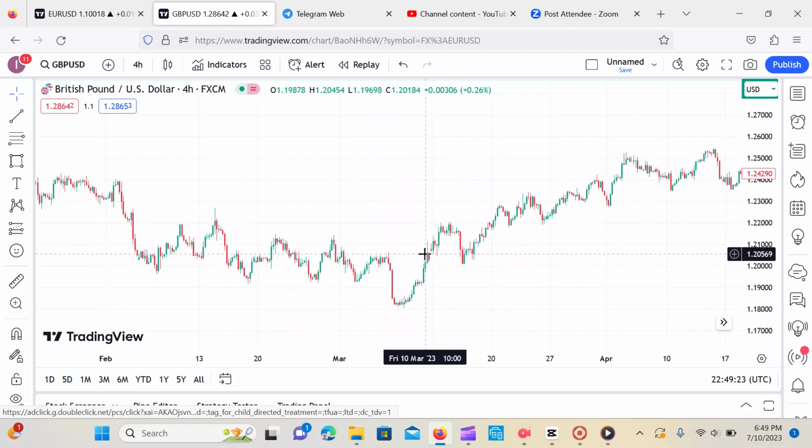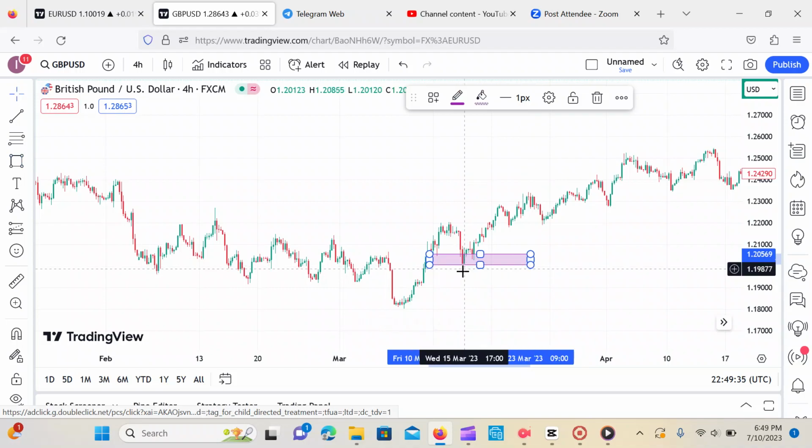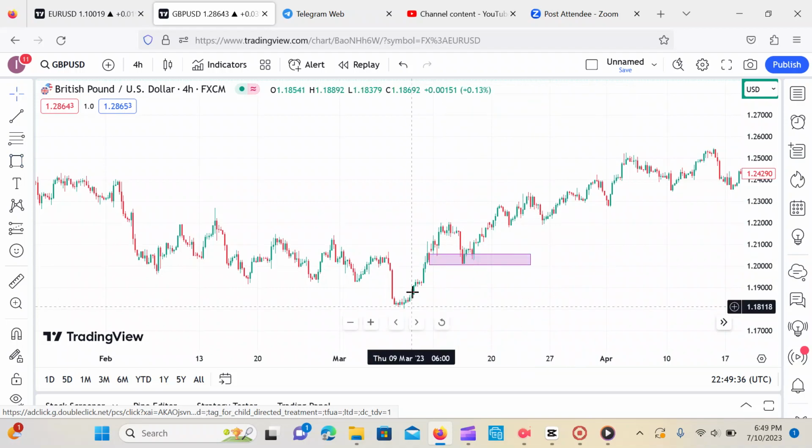Price changed character right here, and it left another order block right here. This red candle is another order block, and price came back to that area and started pushing to the upside. There's another area here that you will mark.